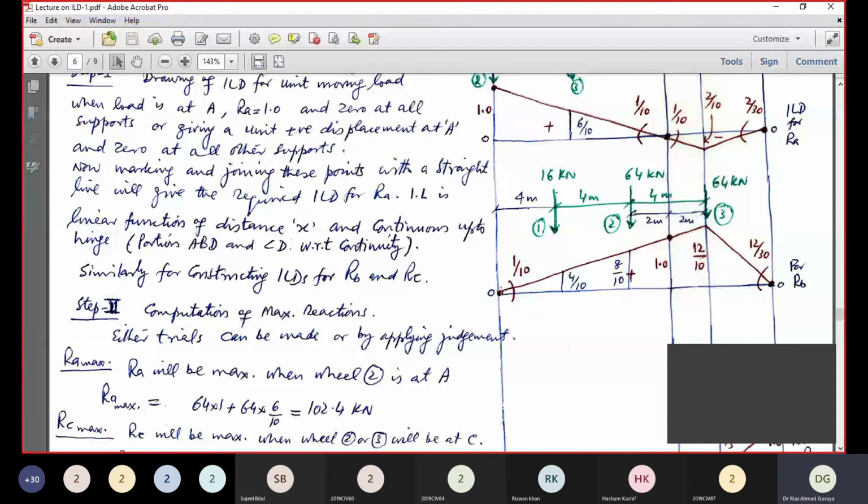Or alternatively, you have given a unit positive displacement upward at point B and 0 at all other supports. Now how to join them? 0 to 1, straight line. This will go straight up to the hinge. This is 0, and it will be joined with this point. This is the ILD for RB.